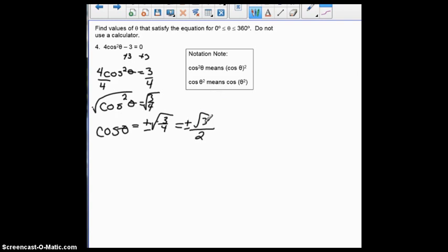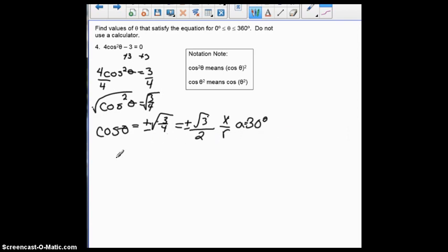So knowing that, cosine is square root of 3 over 2, and we know that cosine is the ratio of x over r, and we've said that when x is the square root of 3, our reference angle for that is going to be 30 degrees. So alpha is 30 degrees, and because it's plus or minus, it can be any reference angle for 30 degrees.